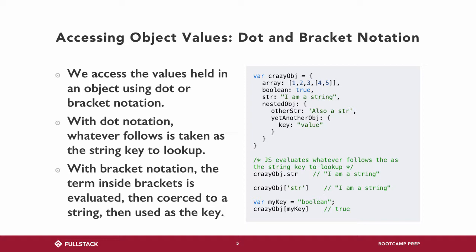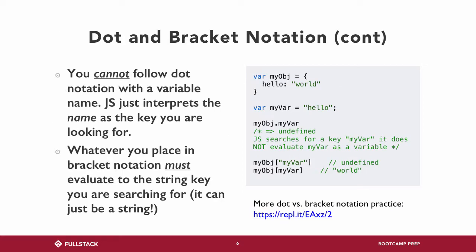Whatever is within the brackets is evaluated, and then used. Dot notation is just whatever that string would be. As before, you can't use the variable name with dot notation because it's not going to know that you want dot hello. But you can do that in bracket.